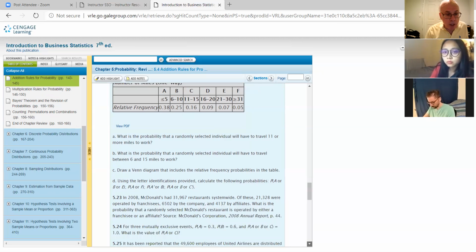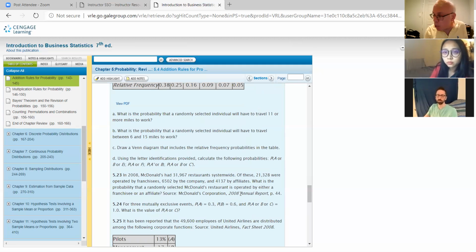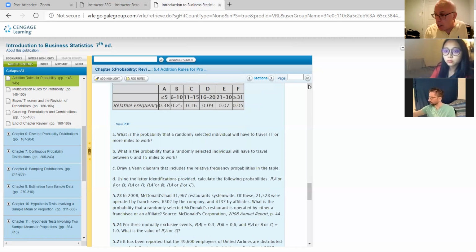All right. Now, in the handout I gave you, I did show a Venn diagram for this, right? Draw a Venn diagram that includes the relative frequency probabilities in the table. What you would show, obviously, is 5 of the 6 being inside little boxes inside the big box, the Venn diagram box, and then the 6th one would be the one outside of those 5 boxes. Well, that's one way of doing it. And do the boxes inside intersect at all?